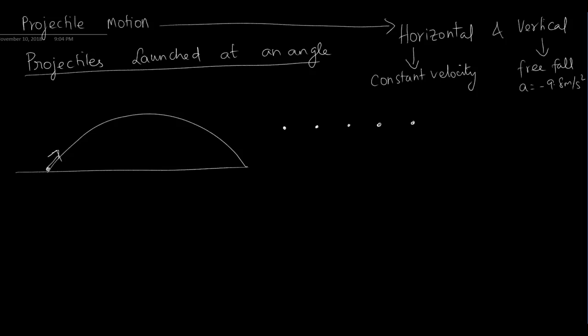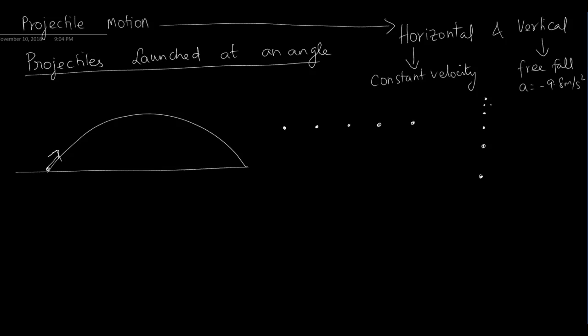Vertically though, it's in free fall. So it starts going up from here. But as it goes up, it is going against gravity, so it slows down, so it travels a smaller distance and then a little bit less, until finally it stops at the very top and then it comes back again.